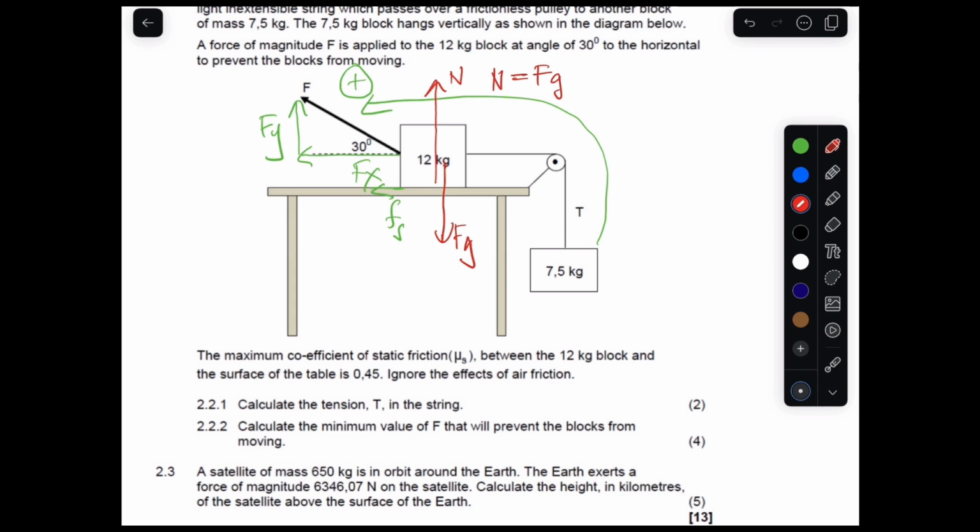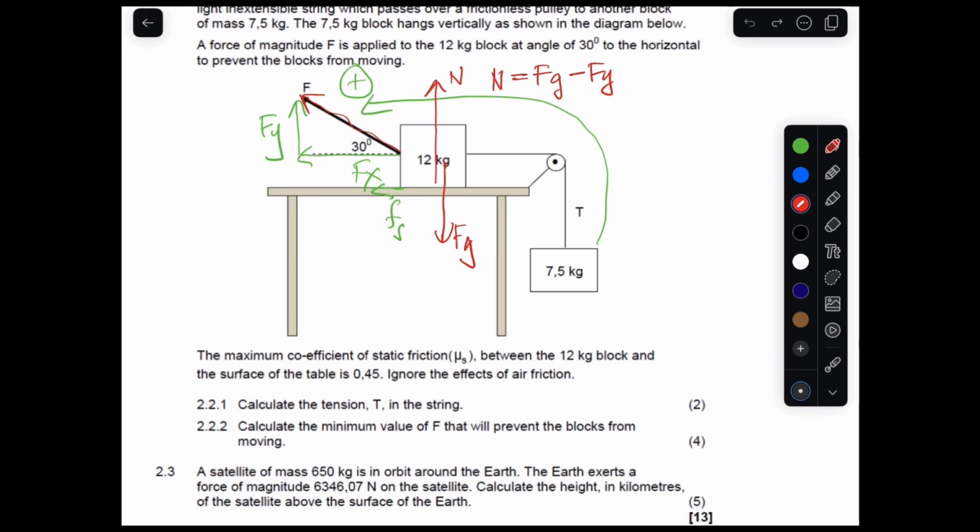It's equal to the gravitational force minus the y component, because it's pulled at an angle. Remember, if it was pushed at an angle, the normal force was going to be the gravitational force plus the y component, right? But we are not there.